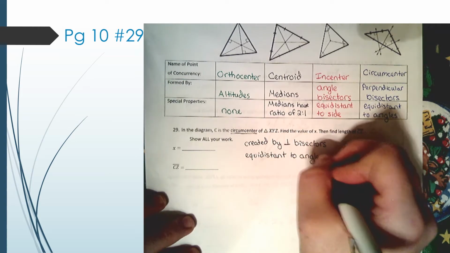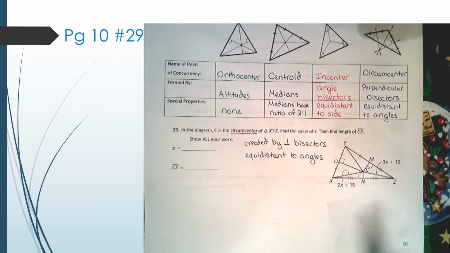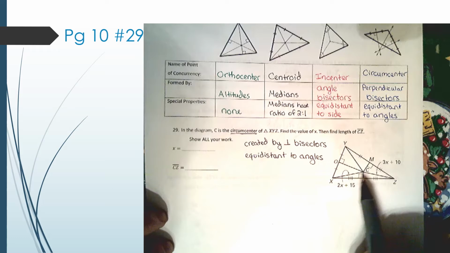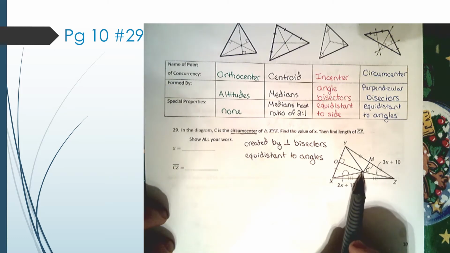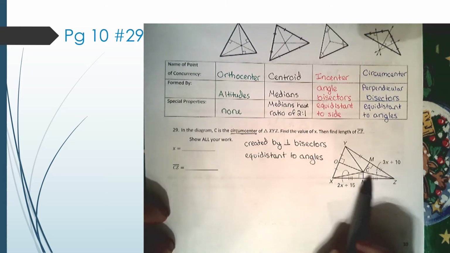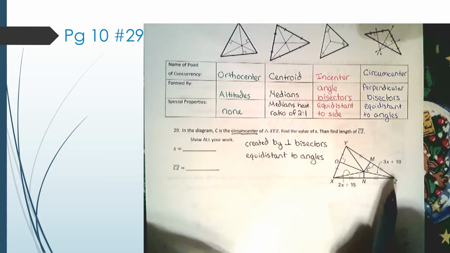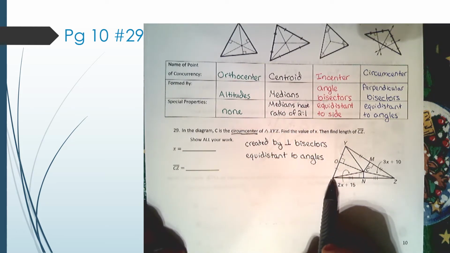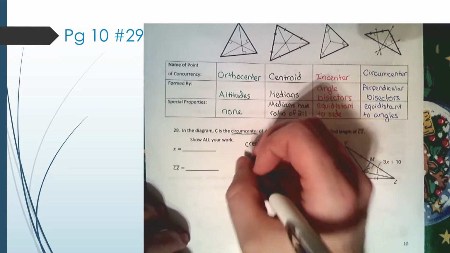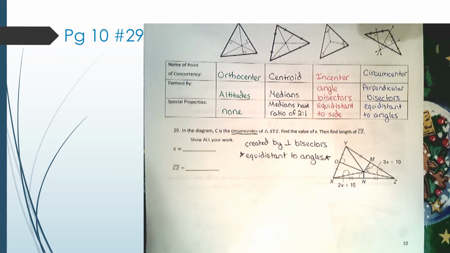So we just have to figure out which fact we need to use in order to solve this. So if I'm looking at this, C is the circumcenter, and the only two lines that have equations to it is from C to Z and C to X. Well, those are lines going directly to the angles. So the thing that's going to help me the most is the one that's saying it's equidistant to the angle.